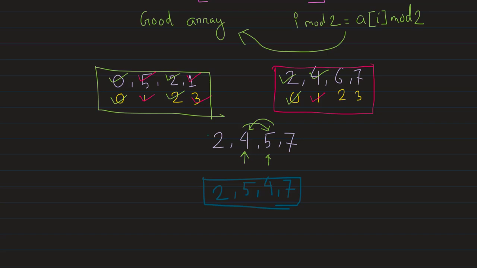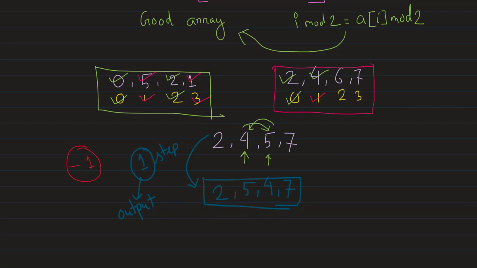So we are getting a good array in one step. Remember, at each step you can take any two elements of the array and swap them.